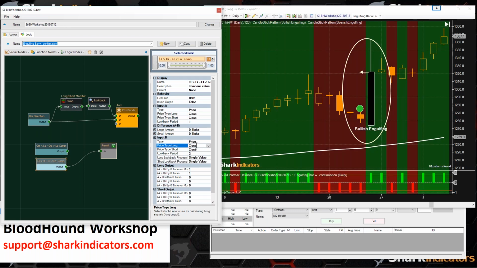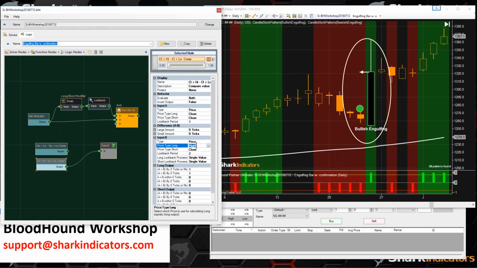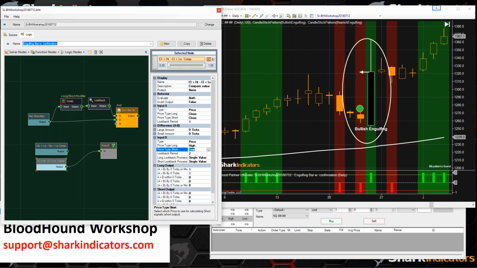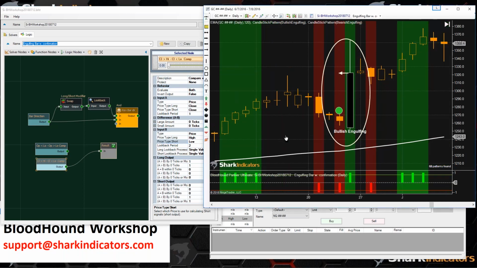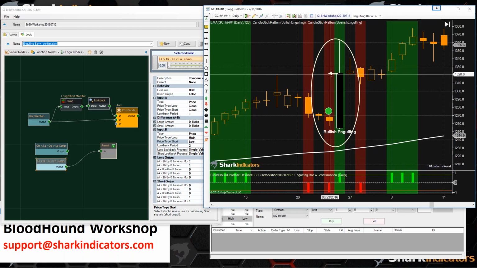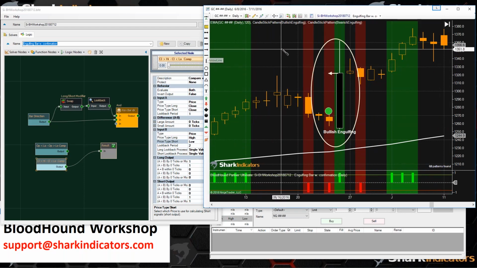For a long, the close needs to be greater than the high, and for a short, the close needs to be less than the low. There we go.